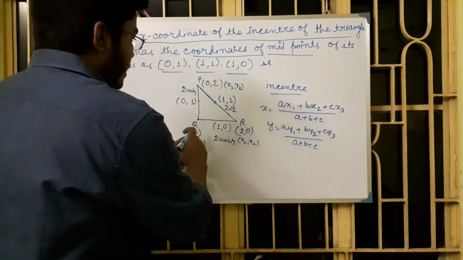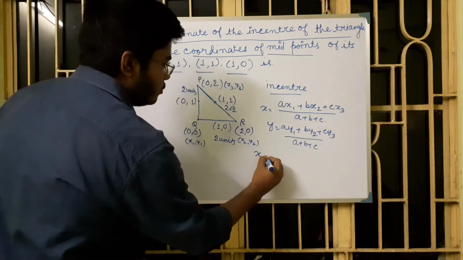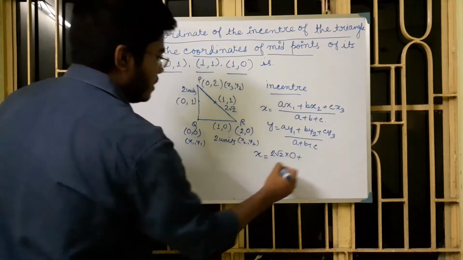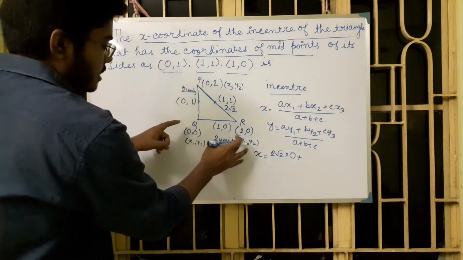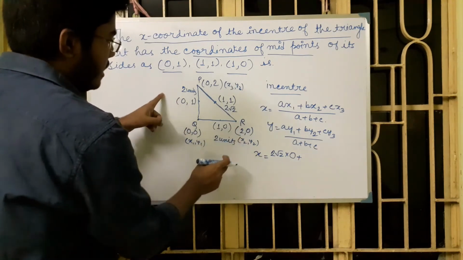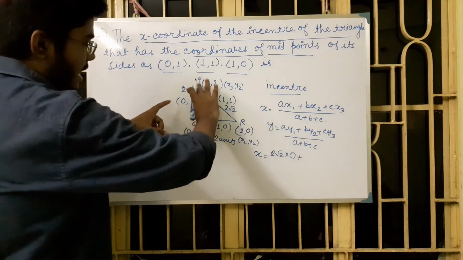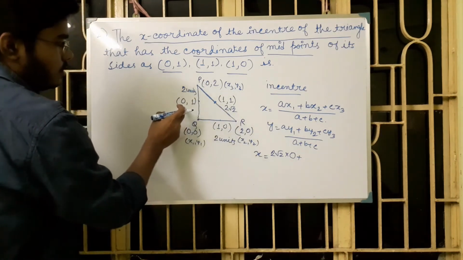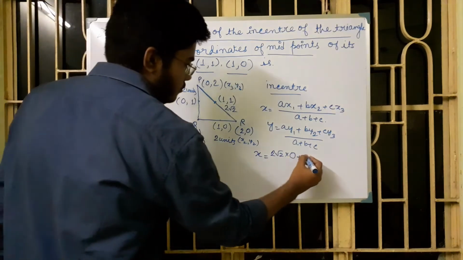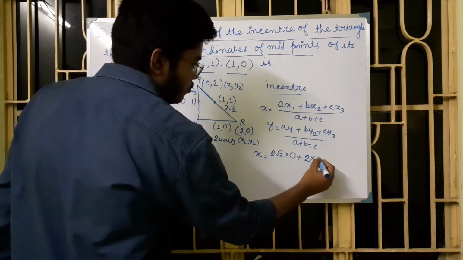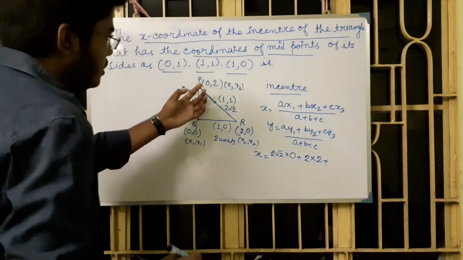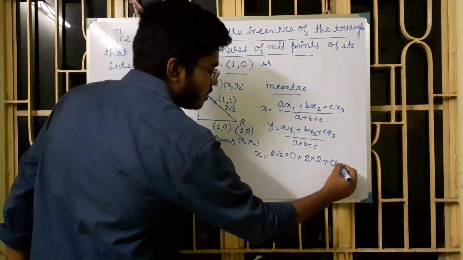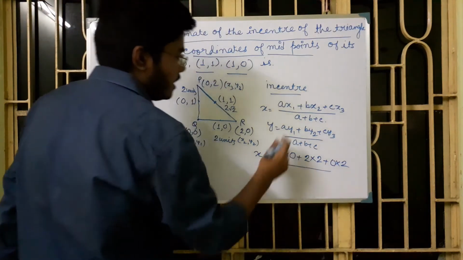Okay, so x equals a times x1, that is 2 root 2 into 0, plus x2 into the length of the line opposite to the point, that means 2 into 2, plus 0 into 2, upon a plus b plus c.